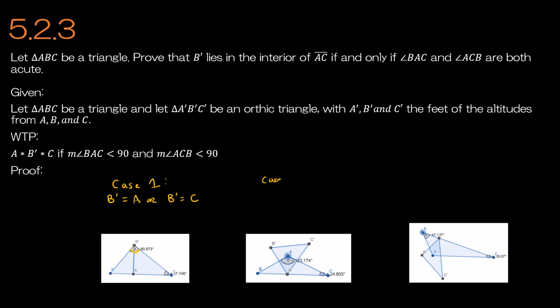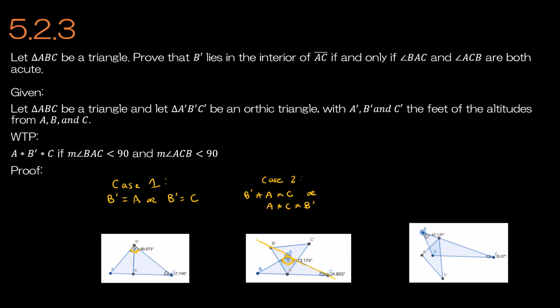For case 2, I want you to consider that either B prime is to the outside of AC on one side, or that B prime is to the outside of AC on the other side. Okay, so again, I have one pictured here where it's B prime, then A, then C. And I want you to take a look at the resulting angle.